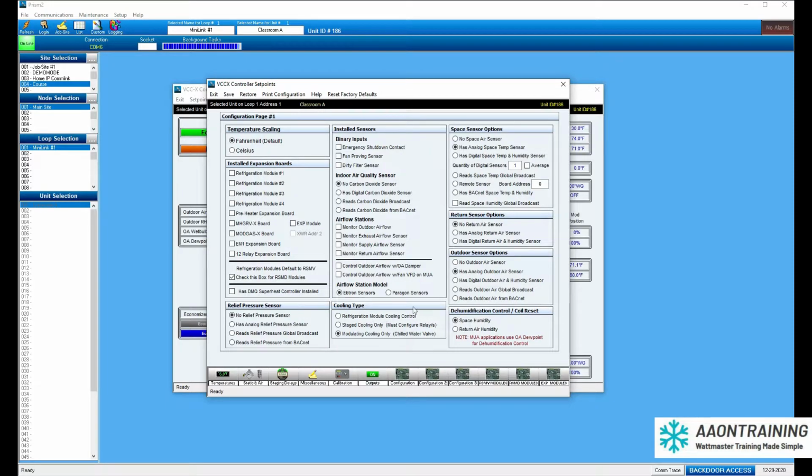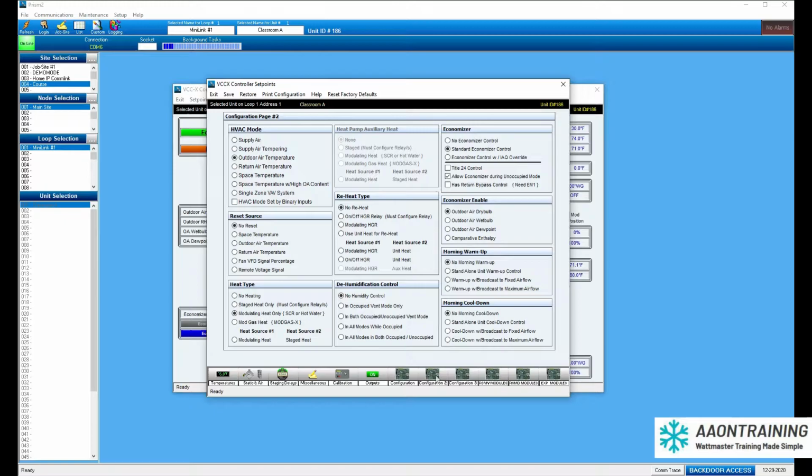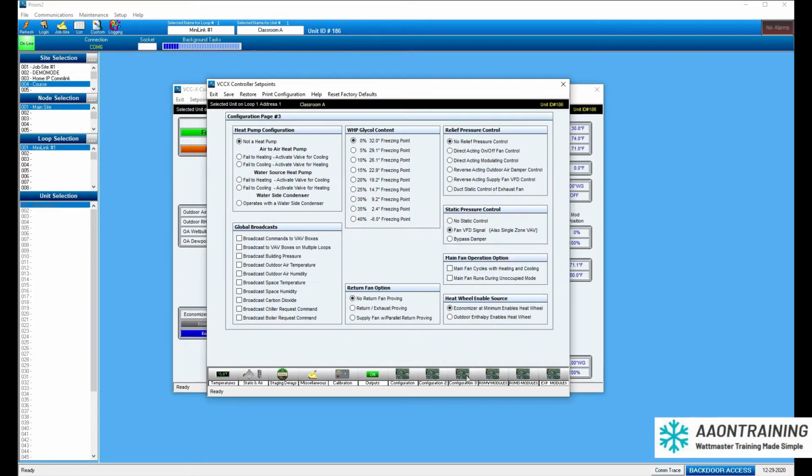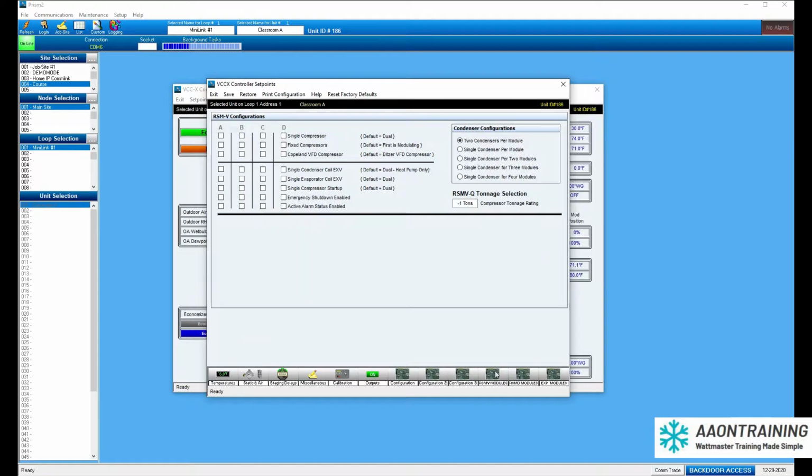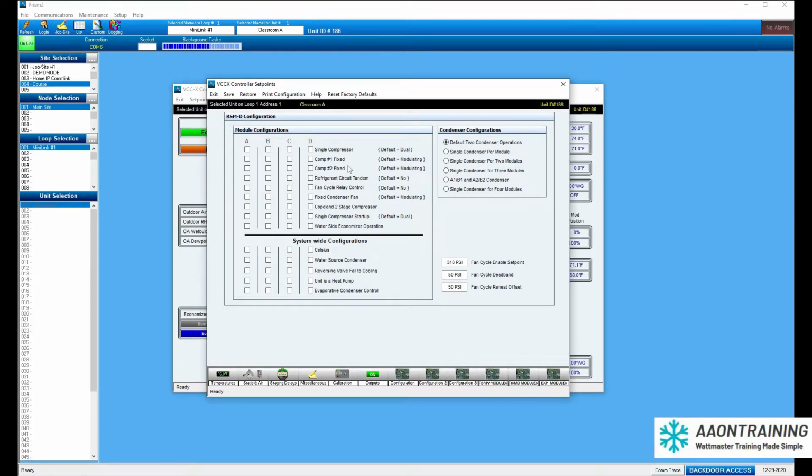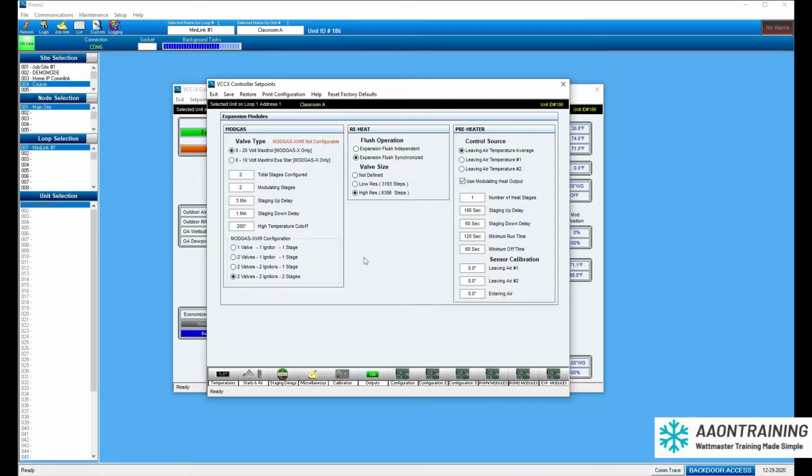I just want to kind of show them all to you guys. This is configuration 2, and this is configuration 3 here. So you have the RSM V as in VFD over here, and then you have the RSMD as in digital scroll over here. And then you have the expansion module. It's kind of also a bit of a miscellaneous page, but for the expansion modules.